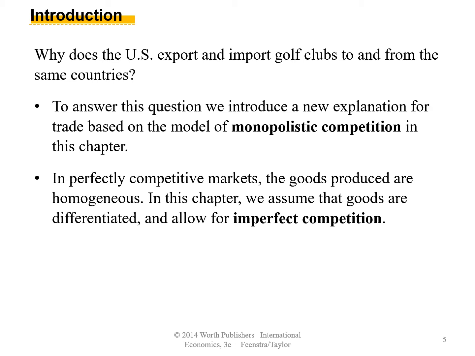Monopoly markets, where there is only one producer of a good. Oligopoly markets, where there are a small number of producers, small enough that they have some degree of control over the price of what they're selling, but those producers have to consider the reactions of rivals.